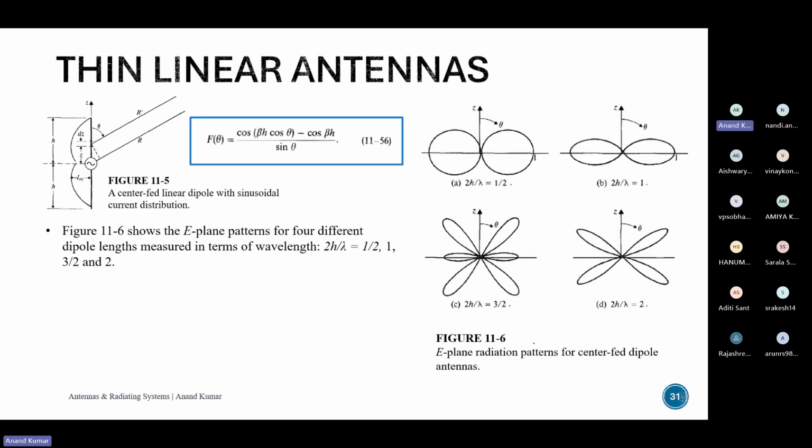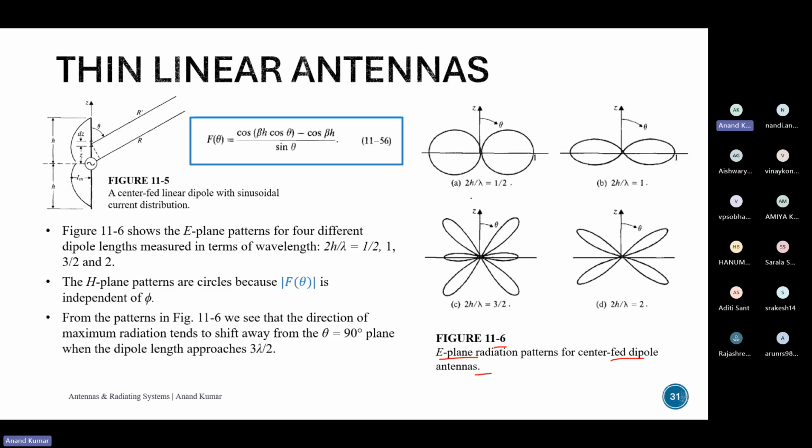So this is figure 16, where we are plotting the E-plane radiation patterns for center-fed dipole antennas of different lengths. For 2h by lambda equal to half, this is a half-wave dipole, and the radiation pattern looks like this.